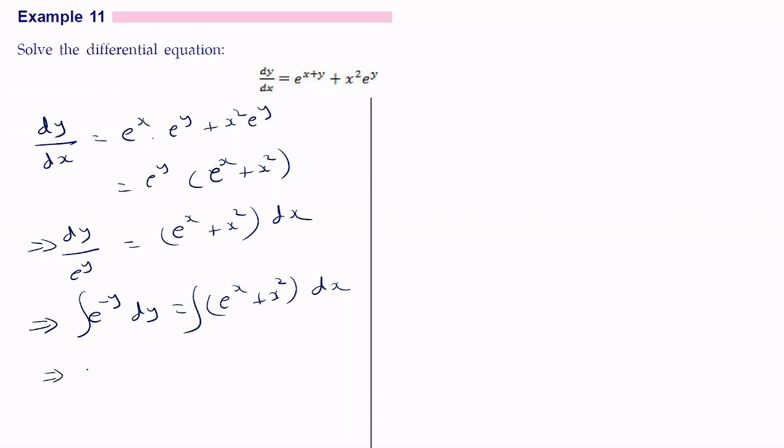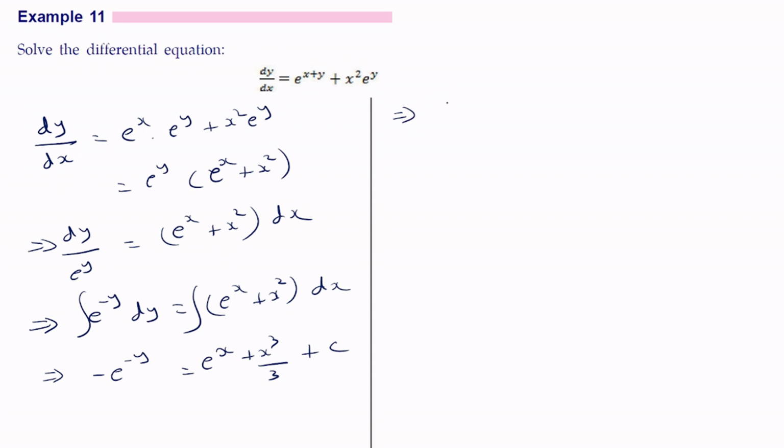So integral e raised to minus y dy will be minus e raised to minus y equal to integral e raised to x is e raised to x, integral x square dx is x cube by 3 plus c.